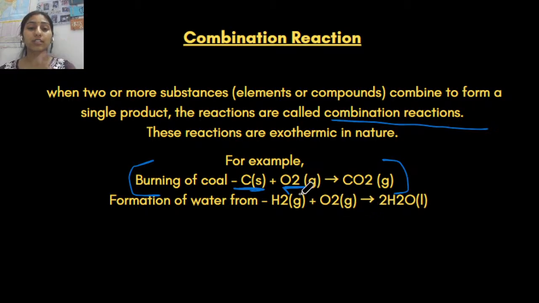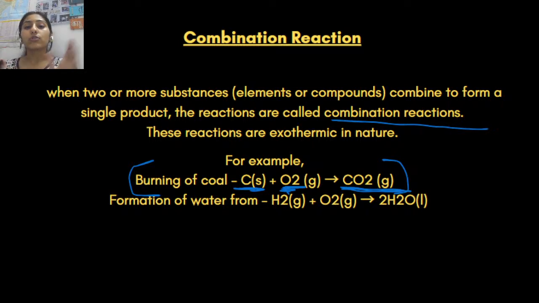It would react with oxygen because for combustion we know that to light a fire we would require air, and in air specifically oxygen. So we would require oxygen and the resultant product would be carbon dioxide. After burning of coal, there would be release of carbon dioxide.